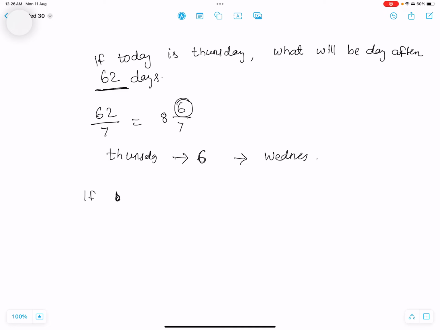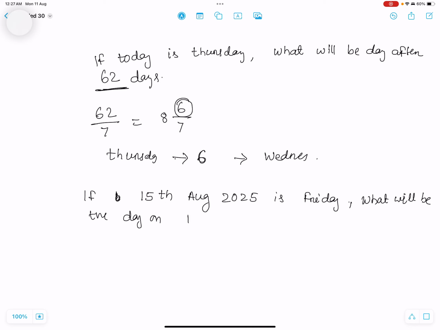If 15th August 2025 is Friday, what will be the day on 15th August 2026? Means same day in 26.